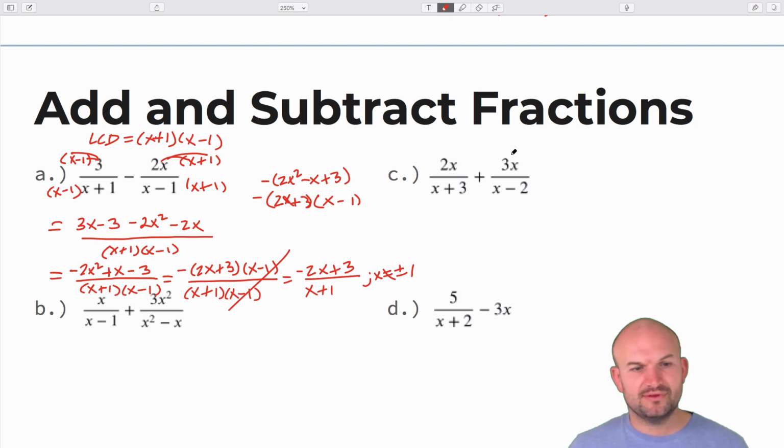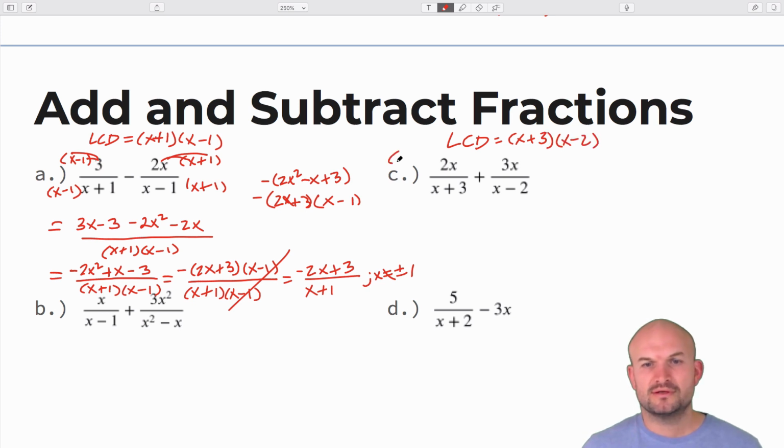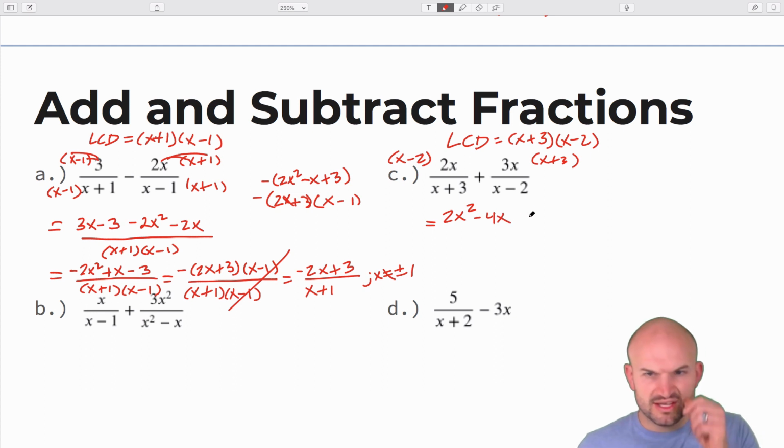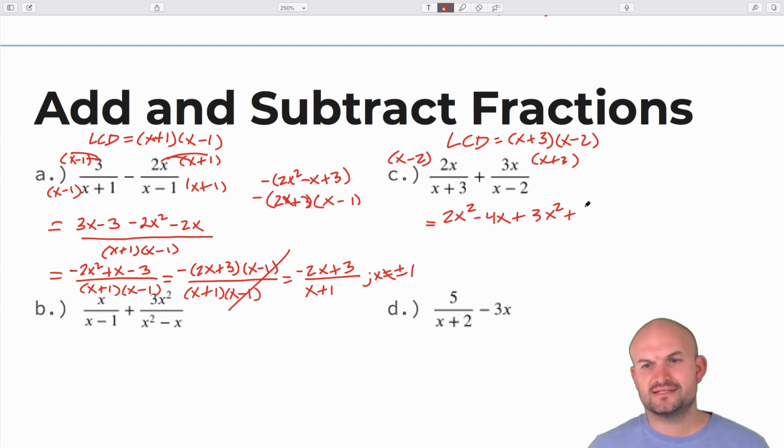All right, in the next example, they do not have anything in common, so I'm just going to multiply them. So that's x plus 3 times x minus 2. So I'll multiply these by x minus 2, multiply these by x plus 3. All right, and that's going to give us then a 2x squared minus 4x plus a 3x squared plus 9x all over my common factor of x plus 3 times x minus 2.